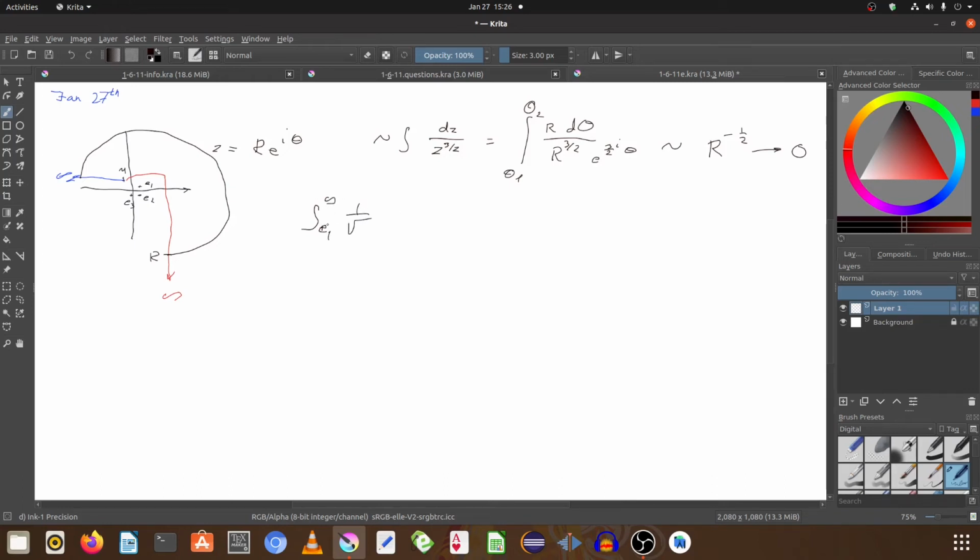Now, if we go along a path, integrate along a path, and let u tend to E1, some of the roots, then we will, let's say this one is the, yeah, we'll just write that down.